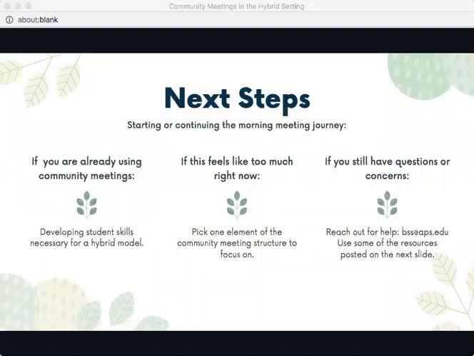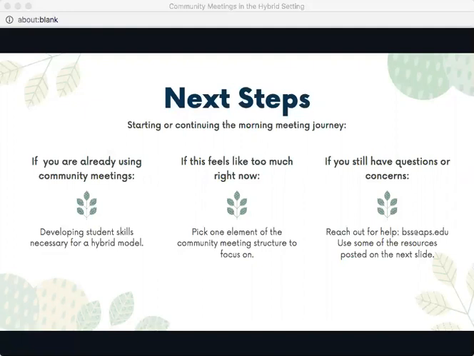So next steps. You may be starting your community meeting journey, or it may be just continuing it and continuing to develop it. So if you're already using community meetings, we encourage you to think about developing student skills necessary for a hybrid model, right? So how can I get my students ready to move this community meeting from the virtual space into the hybrid space?